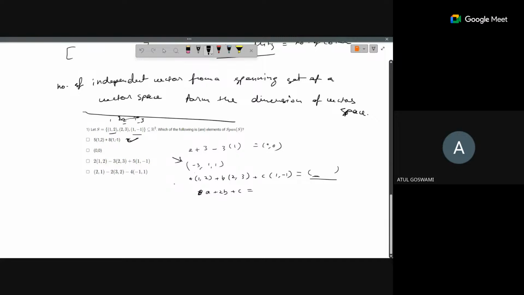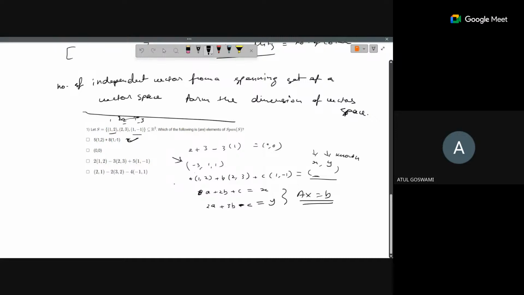This equals the first coordinate. Suppose this is X and this is Y, but they are known, they are not variables. So this is equal to X, and the second coordinate is 2A plus 3B minus C, equal to Y. So we are able to form the system Ax equals b.